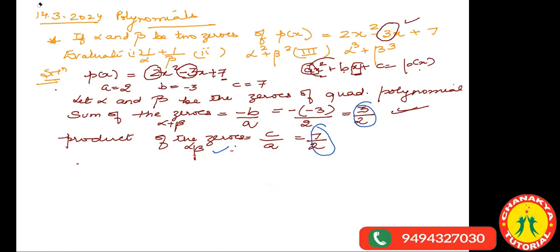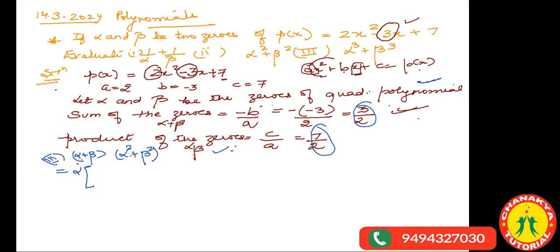Abhinav was saying that we can do this question in the third part. We have to calculate alpha cube plus beta cube. So he was saying that we can multiply alpha plus beta by alpha square plus beta square. So let's do it.